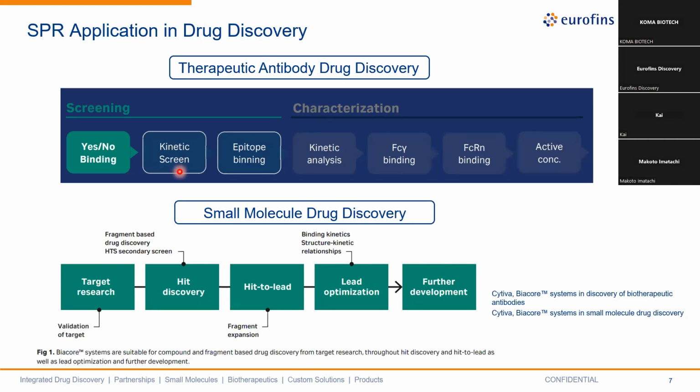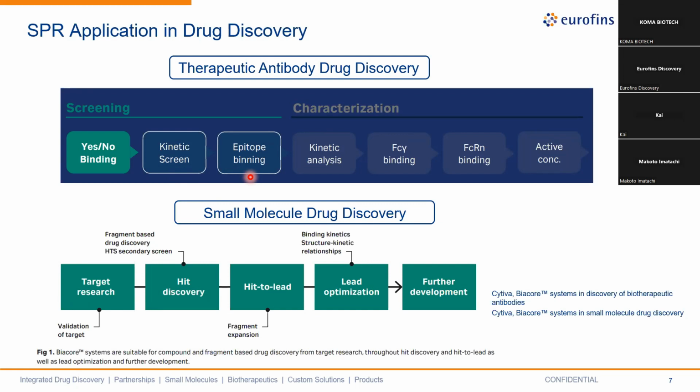And you can also do the kinetic screening. Not only do you get a single signal strength, you also get the whole sensorgram to show you the kinetics of that specific clone. And once you determine a couple of clones, you can do the epitope binning to see how those clones compare to each other.